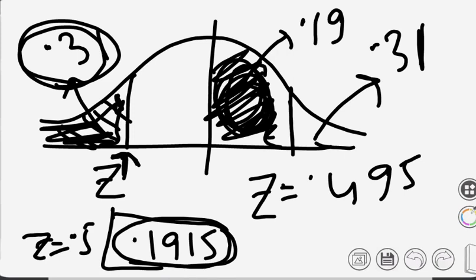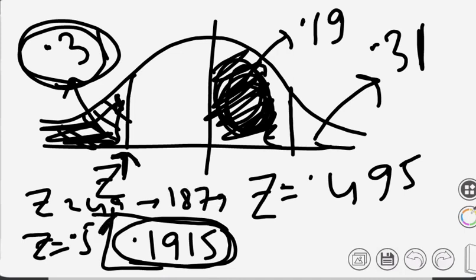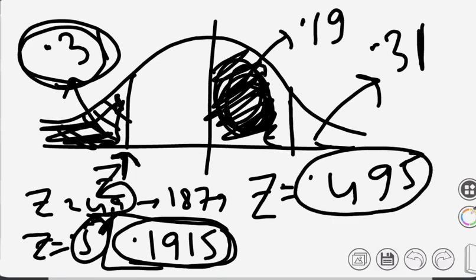And at Z equals 0.49, the value is given as 0.1879. So the value must be somewhere between 0.49 and 0.5. So we can take that as 0.495.